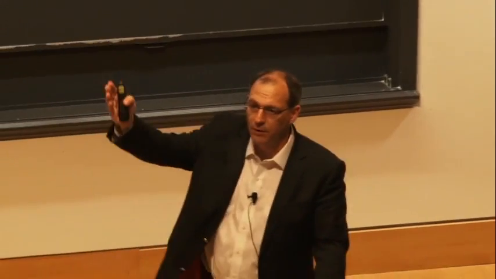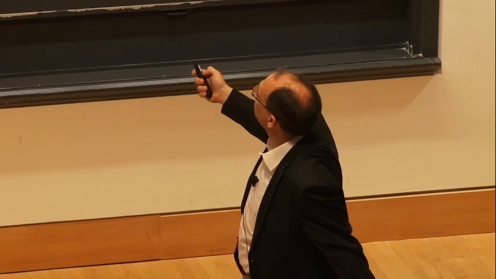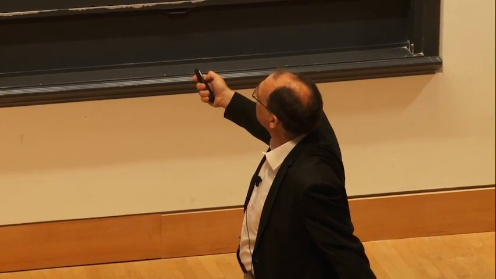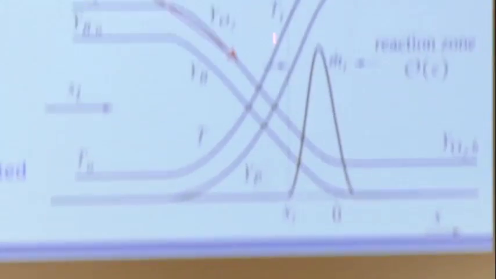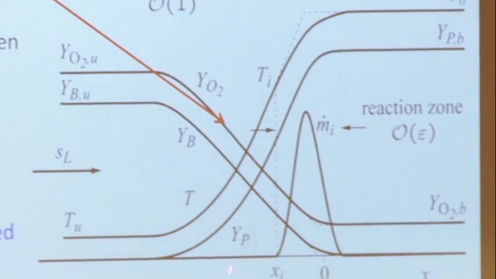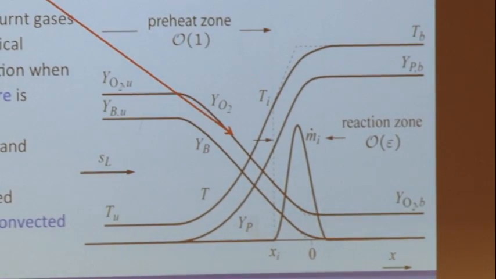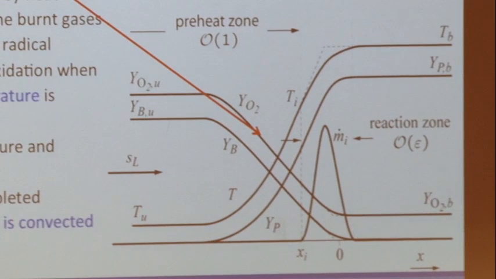At what temperature does the reaction rate go to zero? The point is it never really goes to zero. It just gets exponentially small. So if you have a one-step chemical reaction, you go to lower temperature, the reaction rate gets exponentially small, but never really reaches zero. So you have to somehow artificially define this TI.